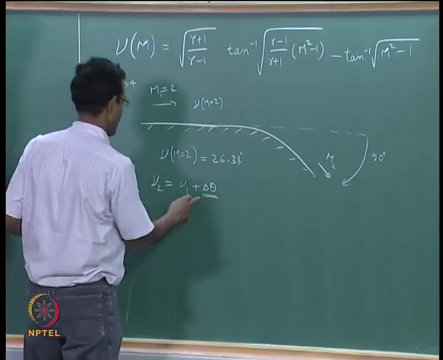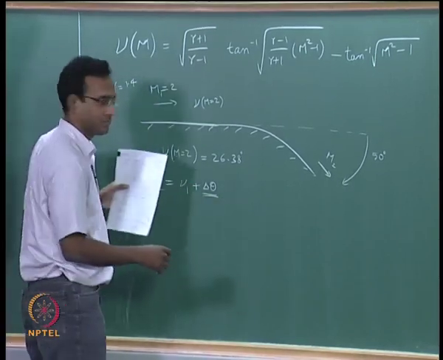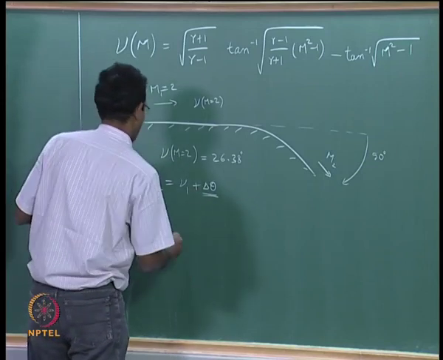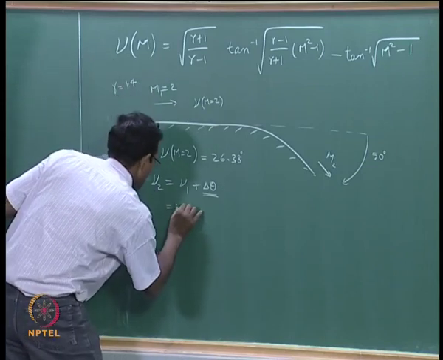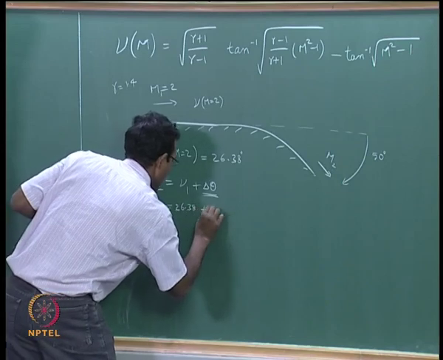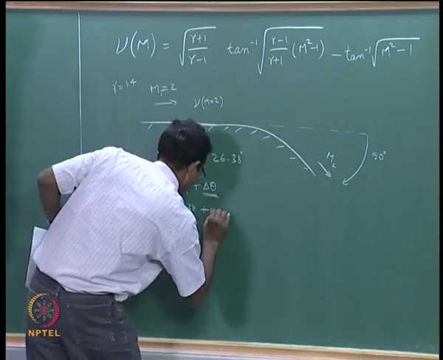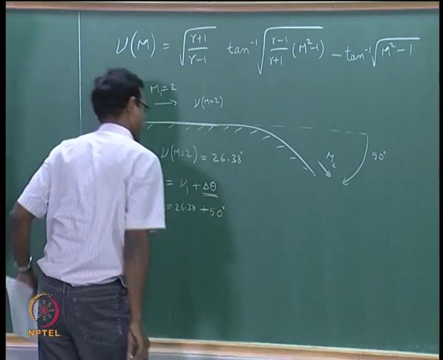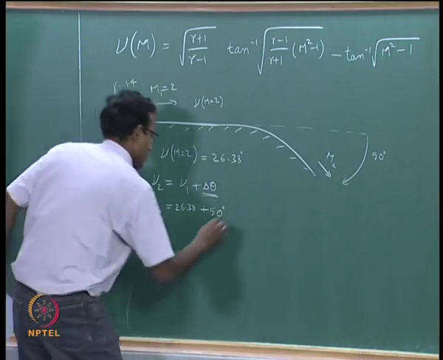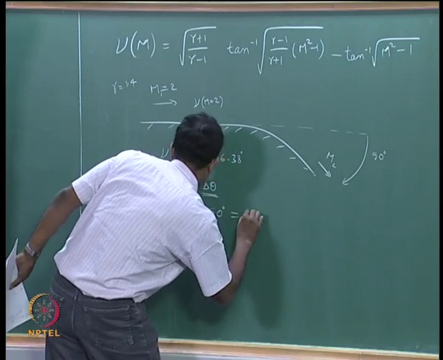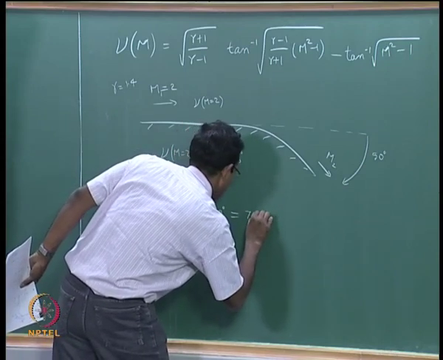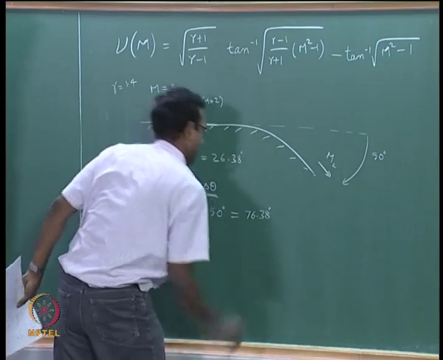If it is compressing, then it will automatically get a negative delta. Now I will just put numbers here, 26.38 plus the net change in streamline direction, which is 50 degrees. So I will add 50 degrees here. My final Prandtl-Meyer angle happens to be 76.38 degrees.